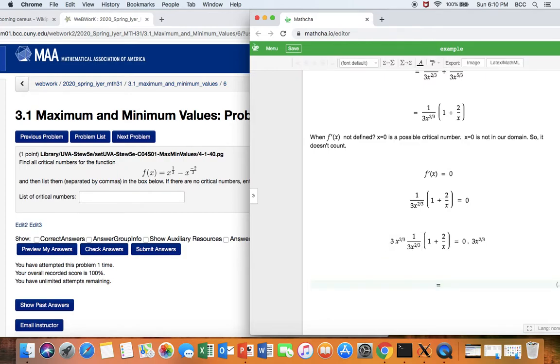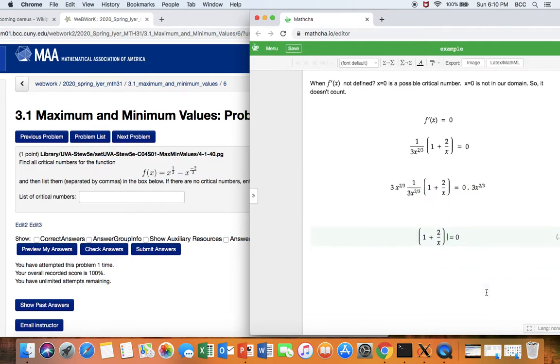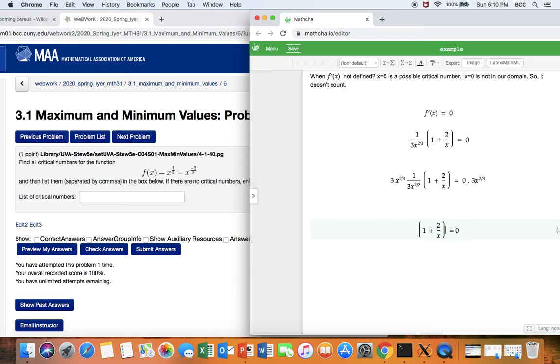So the right hand side is 0. What happens to the left hand side? This cancels this. All I'm left with is this parenthesis. Okay, so I'll write the parenthesis over here. Now when I write it in this fashion, you notice I don't need the parenthesis. All of this is here.